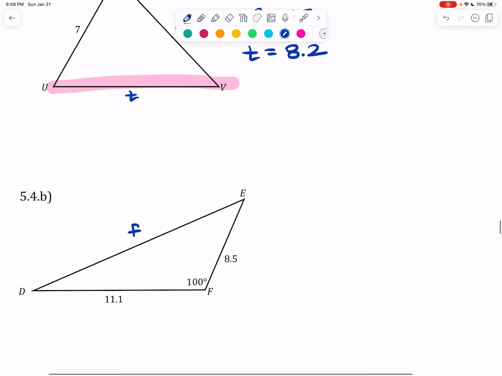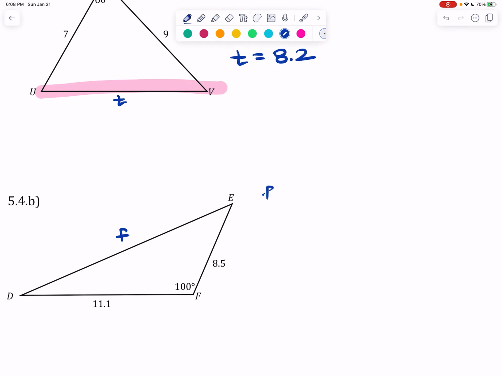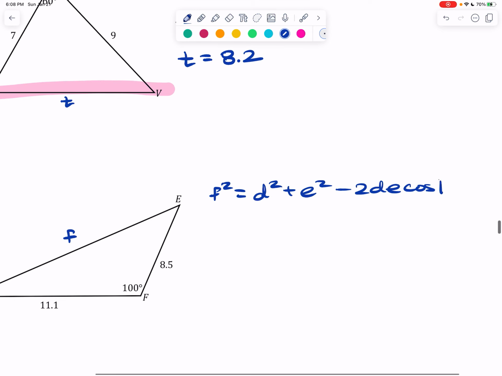So I'm going to write that F squared is equal to d squared plus e squared minus 2de times cos big F. From a variables and notation standpoint, make sure you're using the proper case letters. Remember that lowercase is for sides, uppercase is for angles.